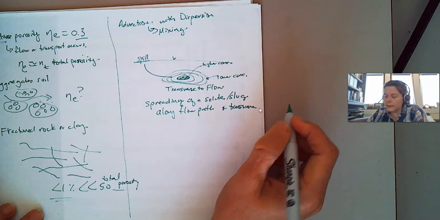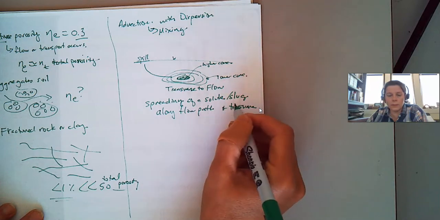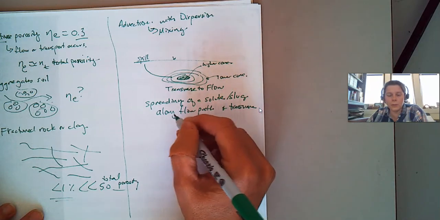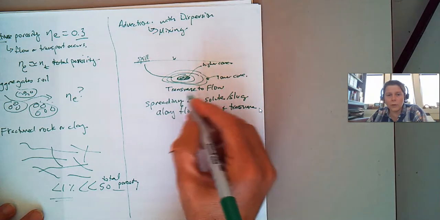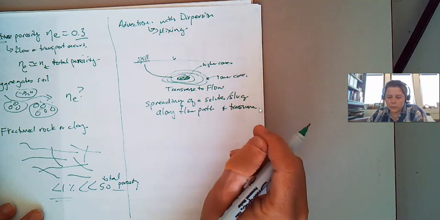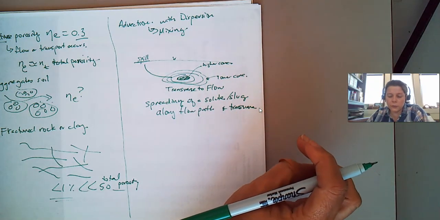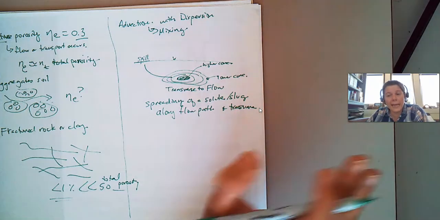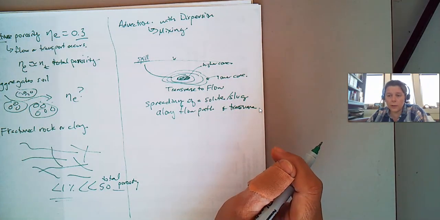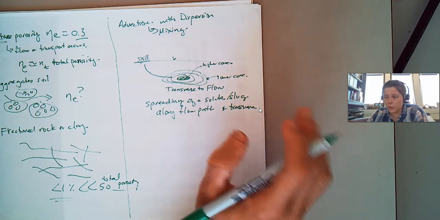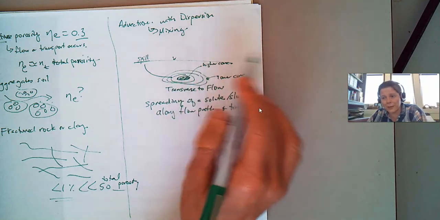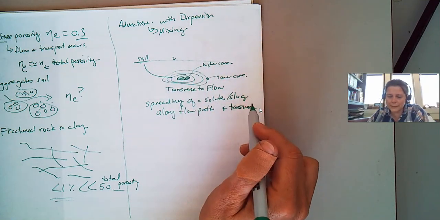The spreading of it, along the slug flow, the spreading that happens along the flow path and along the transverse part of it, is caused by diffusion and variations in velocity of the flow. So we're seeing variations in flow. We already talked about that there's going to be faster and slower parts to it and everything like that.